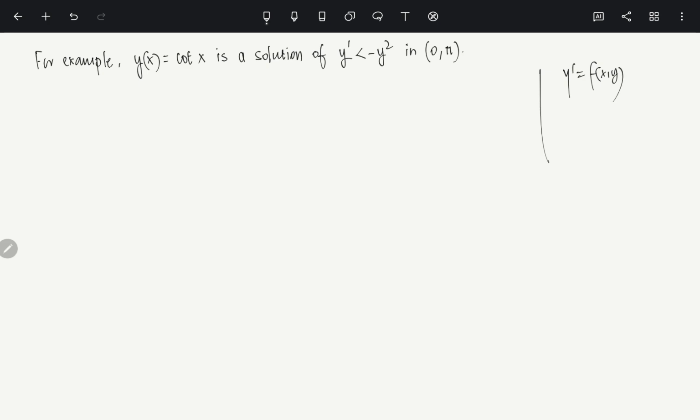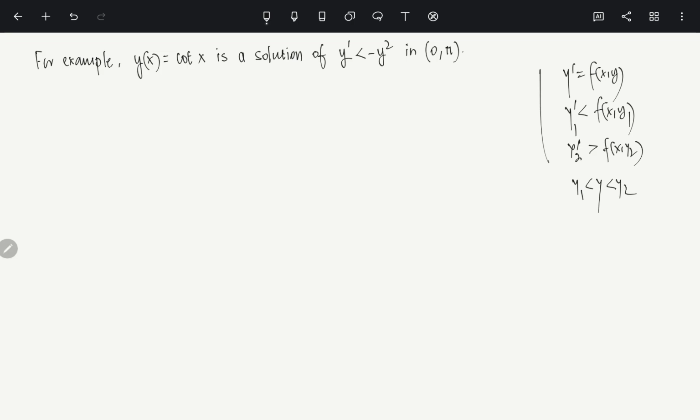Okay, you find two functions satisfying something like this: y1 prime is less than f of x, y1, and you find a y2 such that y2 prime is greater than f of x, y2. Yes, and of course some initial conditions should be there, and you want your y to lie between, okay, y1 and y2. You understand?